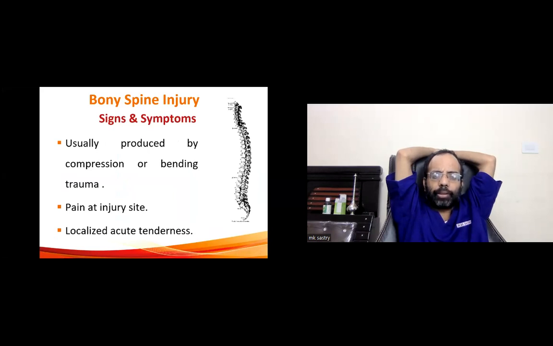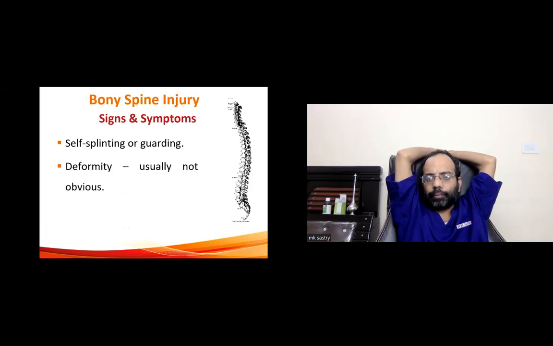Local and acute tenderness may be there. These are produced by three things: compression fracture, bending, or trauma. Self-splinting or guarding, deformity usually not obvious.